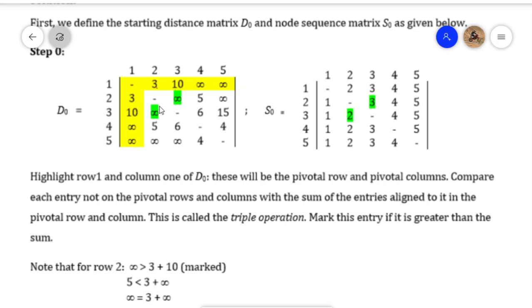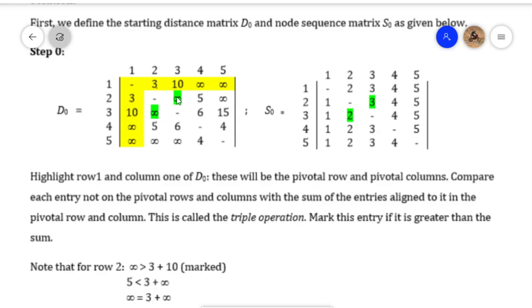We apply the triple operation on each entry of D sub 0 which is not contained in the pivotal row and pivotal column. So how do we apply the triple operation? Compare the entry, let's say this entry, the infinity, to the sum of the entries of the pivotal row and pivotal column that belong to the same column and same row as the entry.